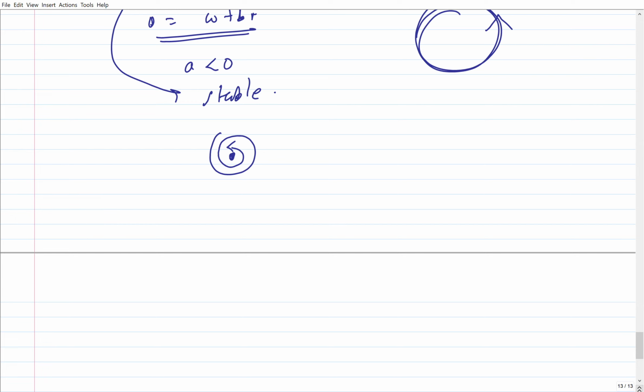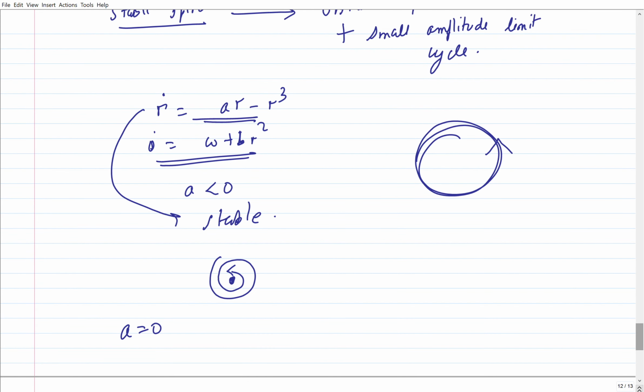And for a equals 0, that's the only fixed point in the game. For a equals 0, I have r dot equals minus r cubed. By the way, notice this is algebraic decay in r.